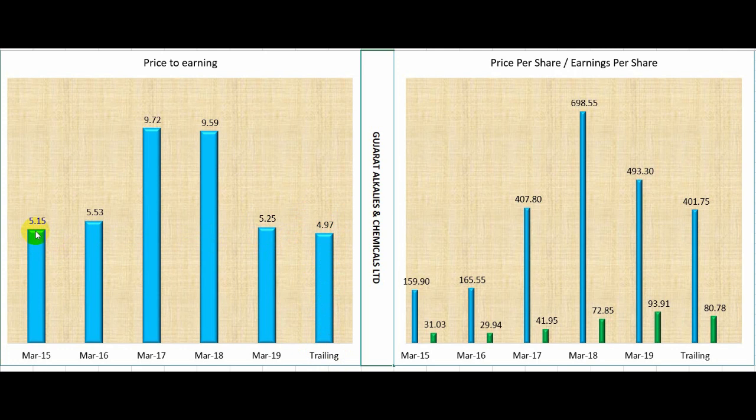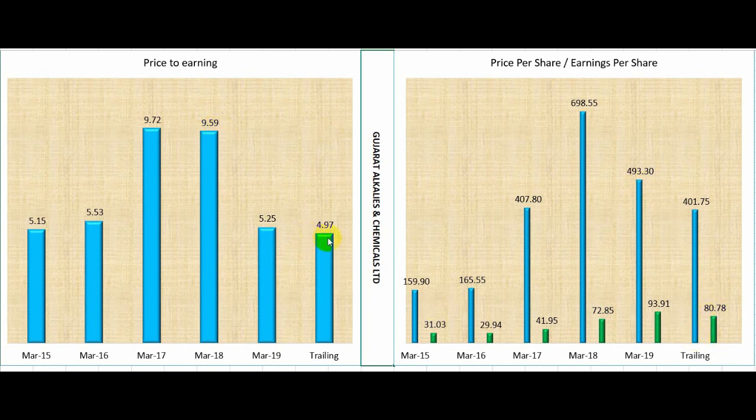Since March 15, we can see that it had been increasing and went up to 9.72 times. The earnings per share in March 18 was 72.85 rupees per share. This is the profit per share basis, and the price at that time was 698 rupees. So that comes out to a multiple of 9.59 times.